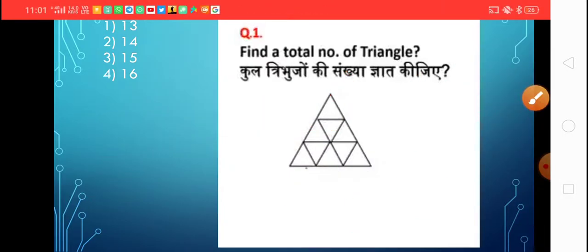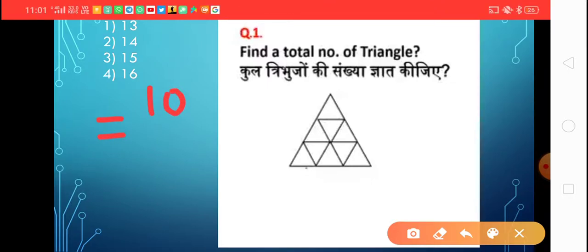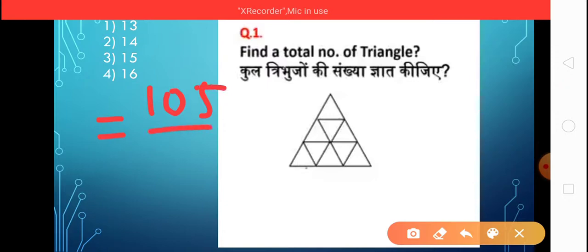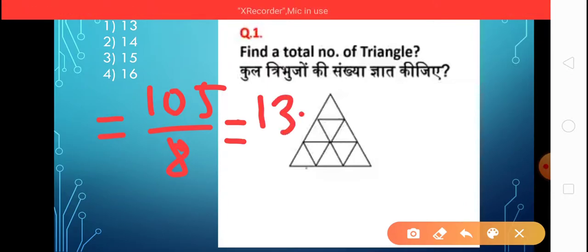What was the product? That is the number of triangles, which is equal to 105 divided by 8. Now listen carefully. In this case, definitely we will get a fraction. The fraction will be 13 point something, 13.1 something like this.